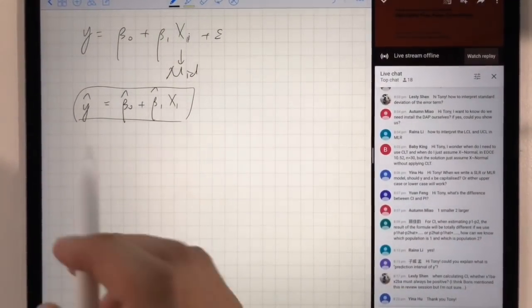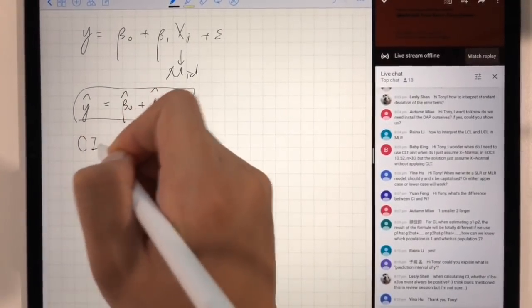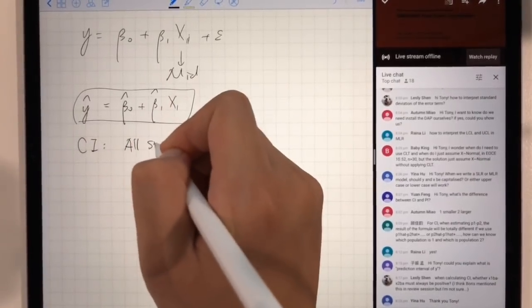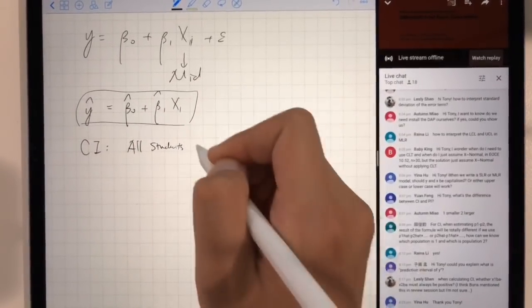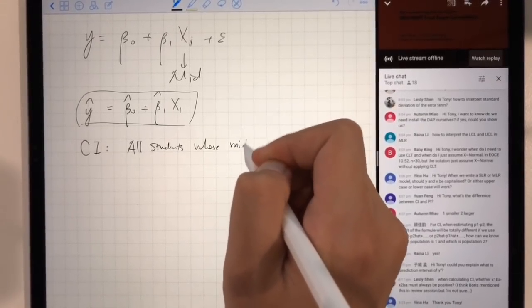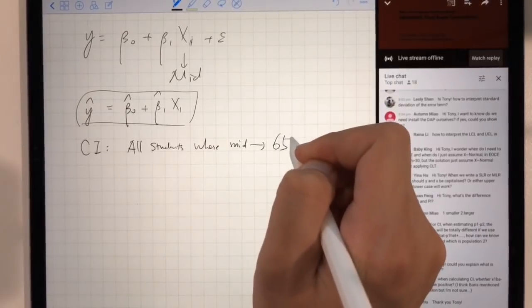Now, you want to make a prediction, right? So for a confidence interval, you are predicting for all students whose mid-semester mark is, for example, 65, okay?